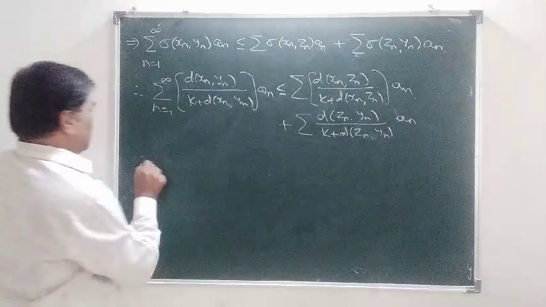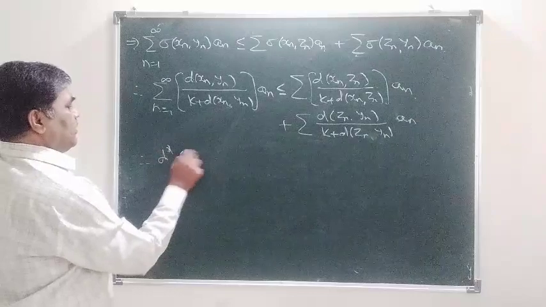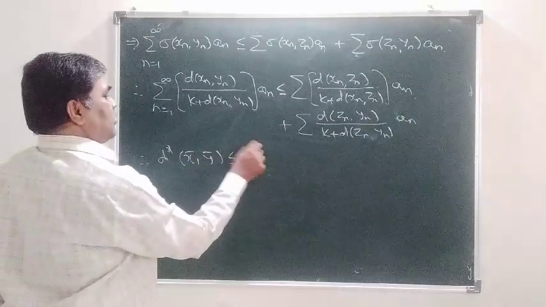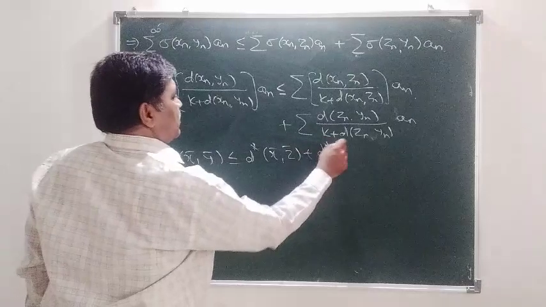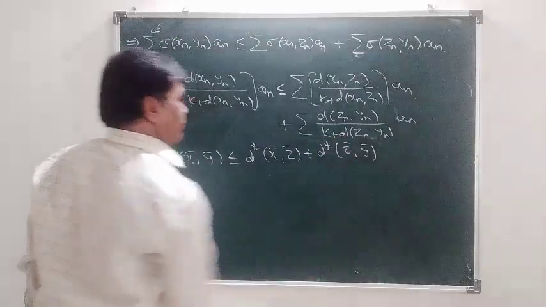And therefore d star of x bar y bar is less equal d star of x bar z bar plus d star of z bar y bar.